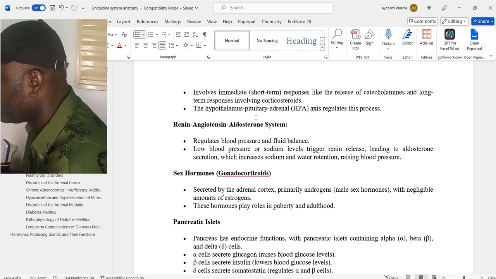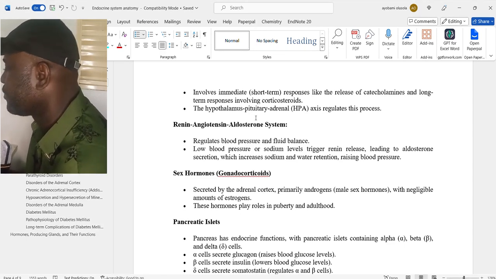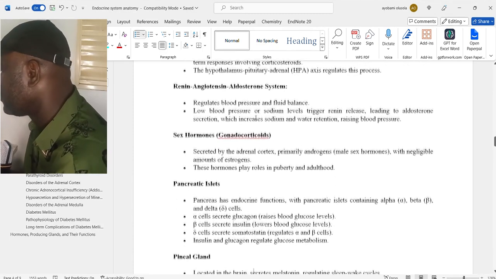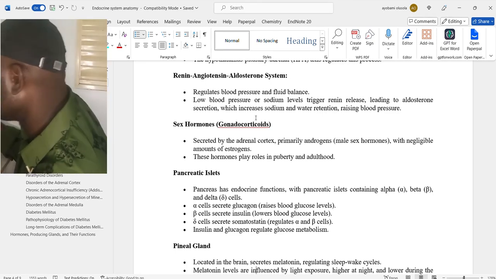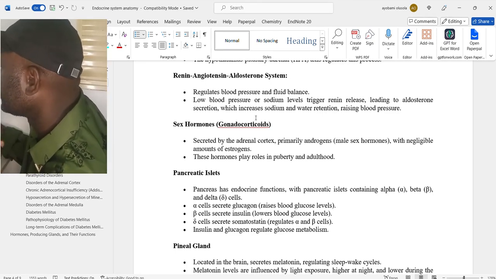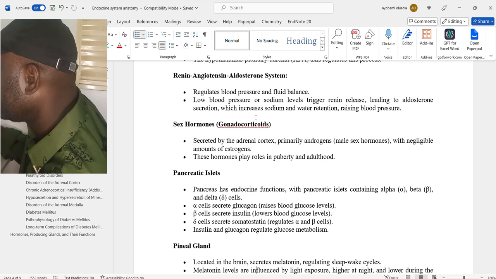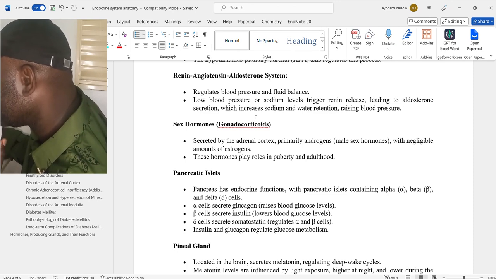Renin is a hormone, and when renin is released, aldosterone secretion also follows, and this increases sodium and water retention, raising the blood pressure. The sex hormones, gonadocorticoids, are secreted by the adrenal cortex, and they are primarily androgens, male sex hormones, with negligible amounts of estrogens, and these hormones play roles in puberty and adulthood.